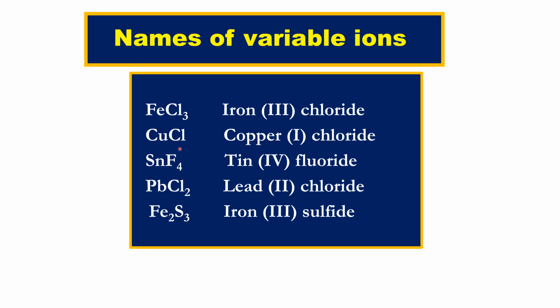CuCl is copper(I) chloride because copper is the transition metal. SnF4 is tin(IV) fluoride. Tin is the transition metal. PbCl2 is lead(II) chloride. Lead is the transition metal. So this is how to name variable ions.